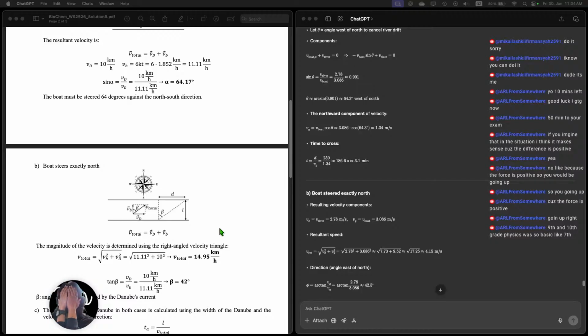Wait, what is tan? Opposite by adjacent. So tan theta is VD by speed of the boat. Okay, now I get the VD. So we got the angle, but V total.